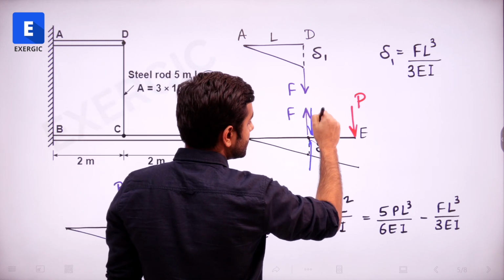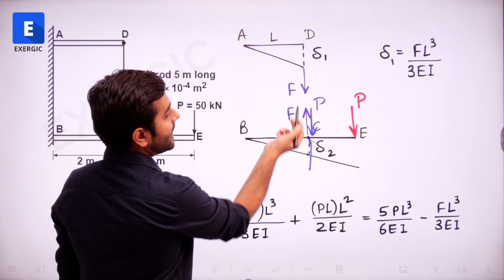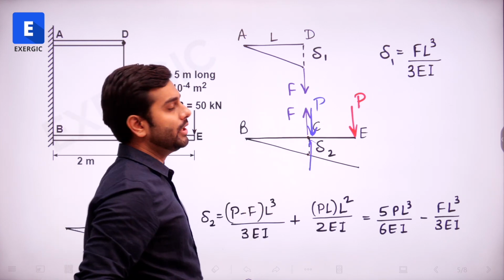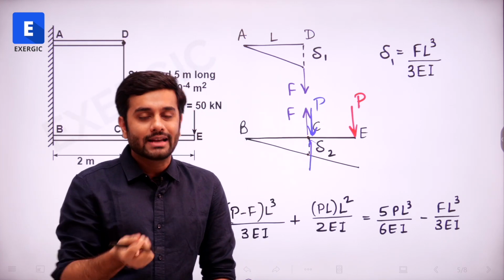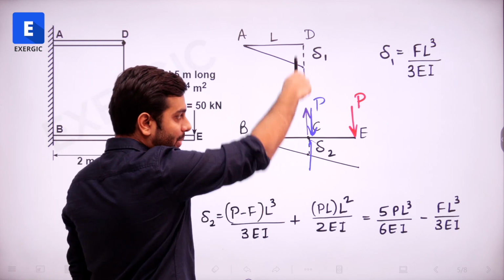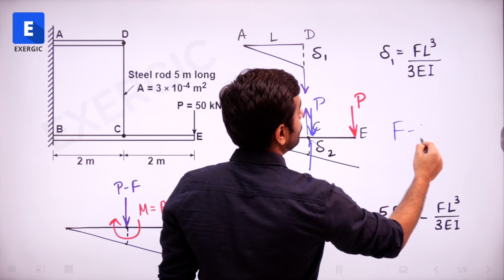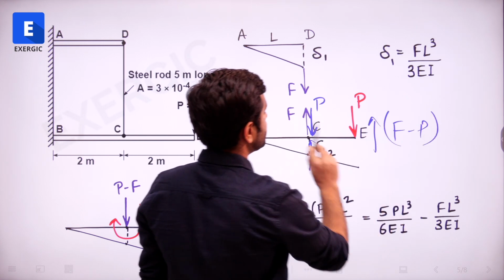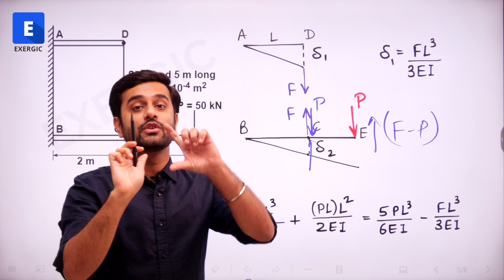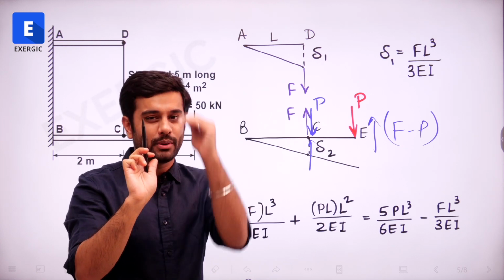This force P is downward and this F is upward, acting at the same point. Let's make things easier and replace them by a single force, P minus F, in the downward direction. If I write F minus P, I have to write it in the upward direction because F is going up, which will be reduced by a P amount because P is down.